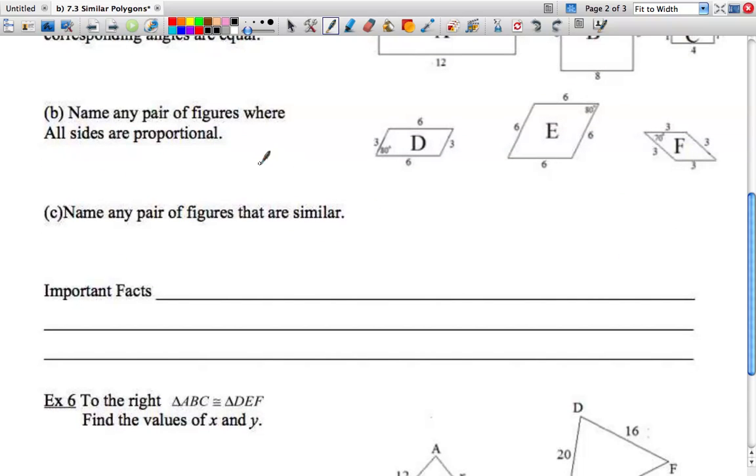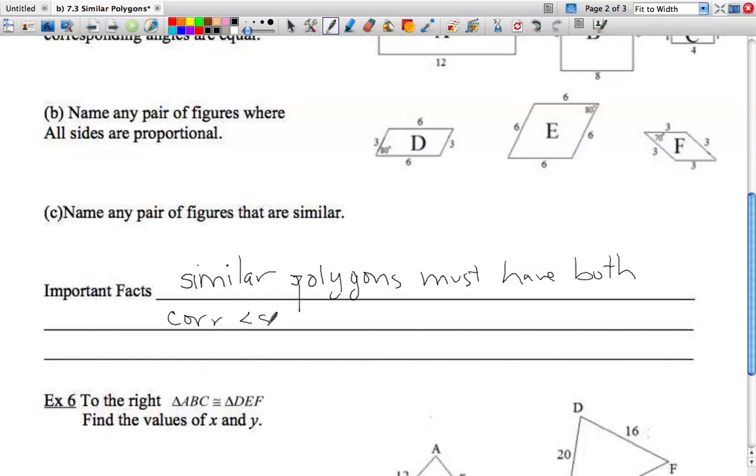But let's go down to this important fact, because what we should have seen from the exercise above is that similar polygons must have both corresponding angles congruent and corresponding sides proportional.